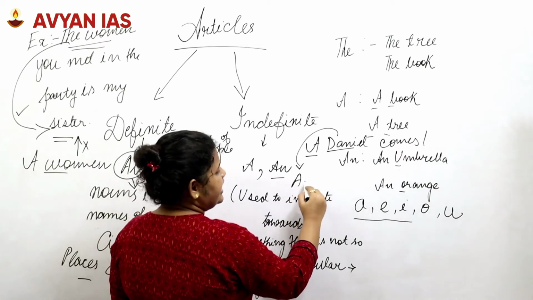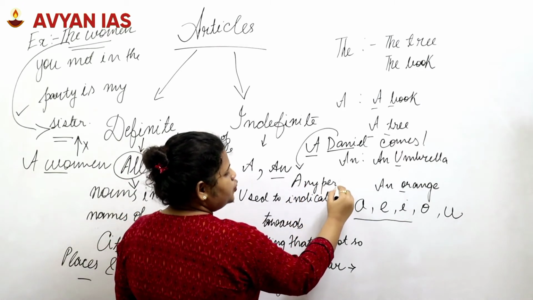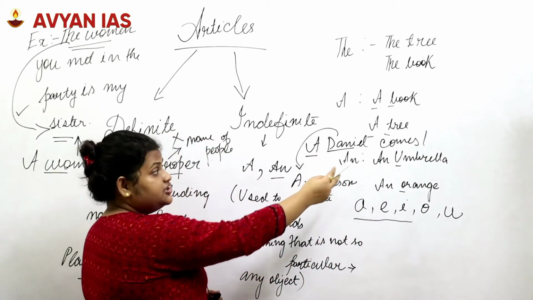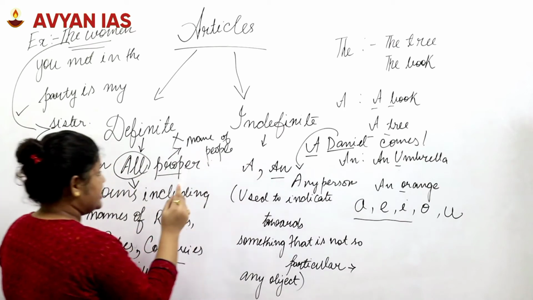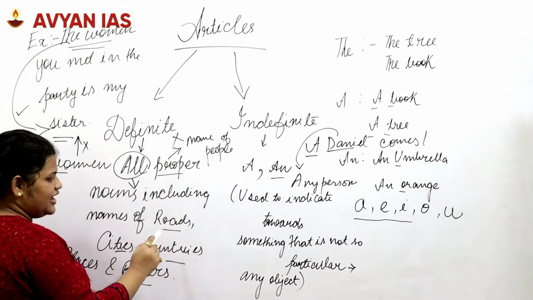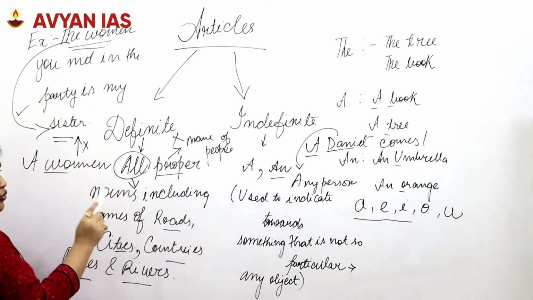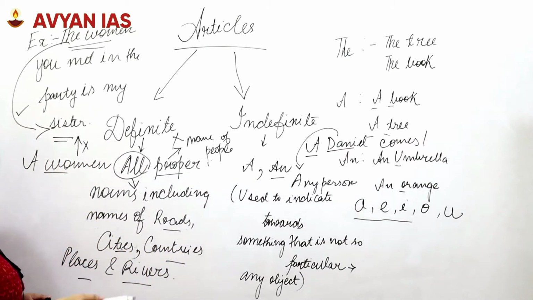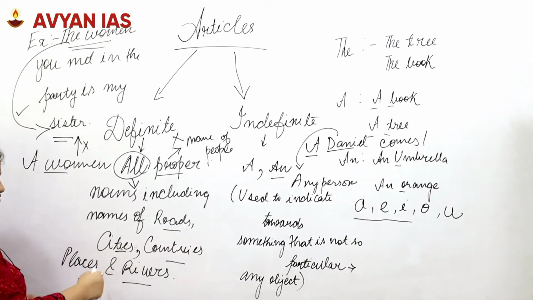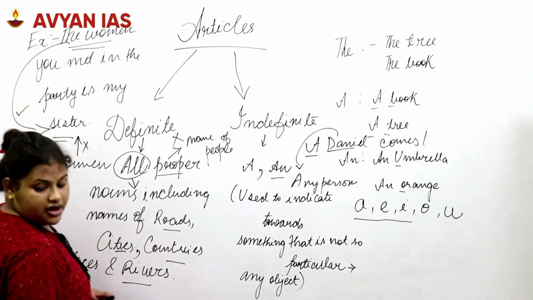It means any person. That is only one or two instances when we use an article before a name. But remember, in general, we do not use articles before any proper noun other than names of roads, cities, places, rivers, countries.